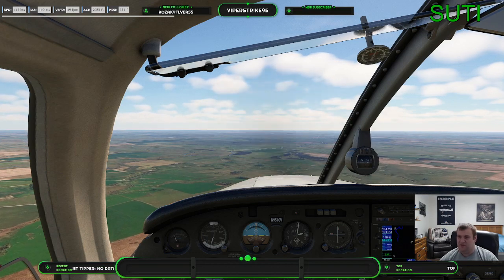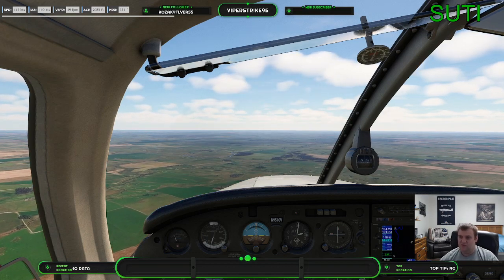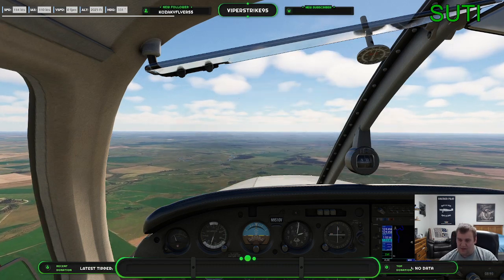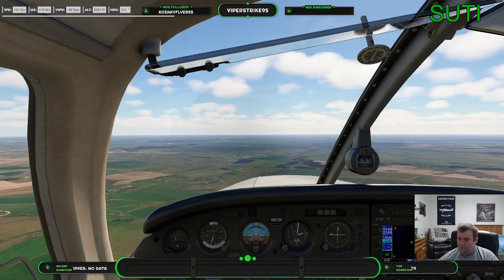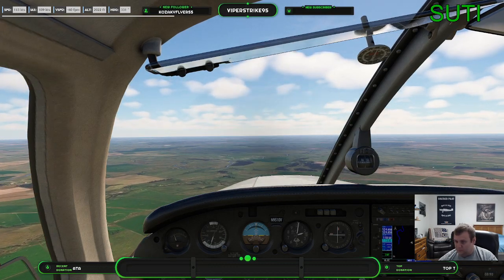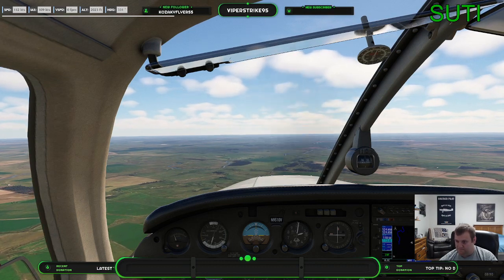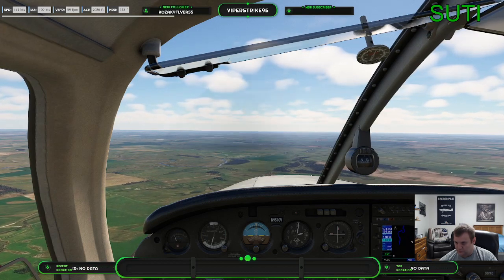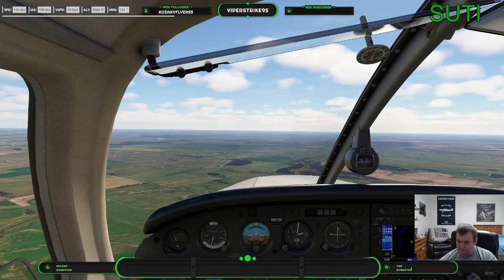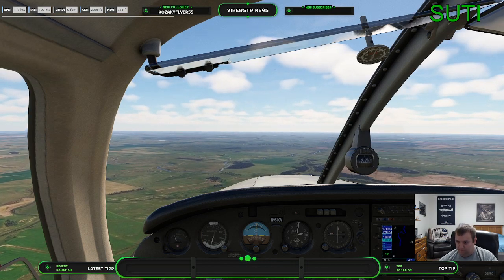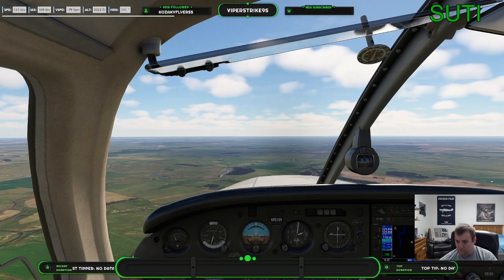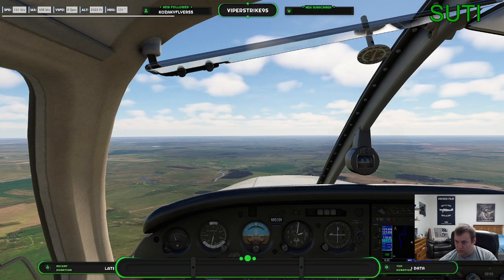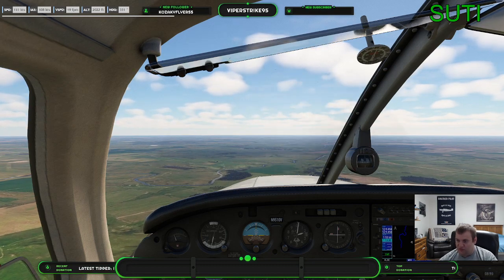It was very nice in the sim, so I'm curious to see how it would be in real life, in comparison, of course. So should be some really, really nice flying for sure.